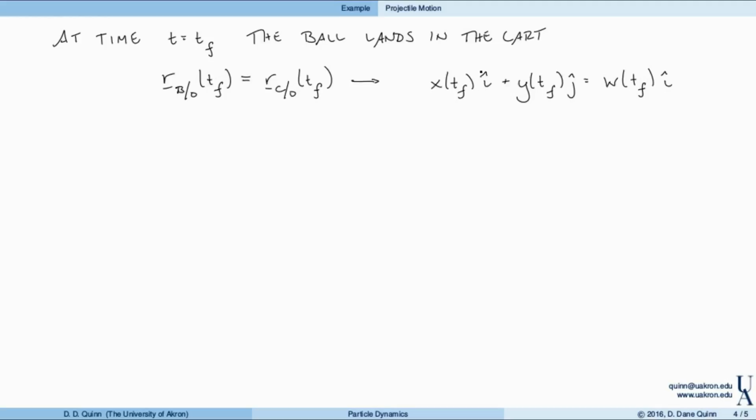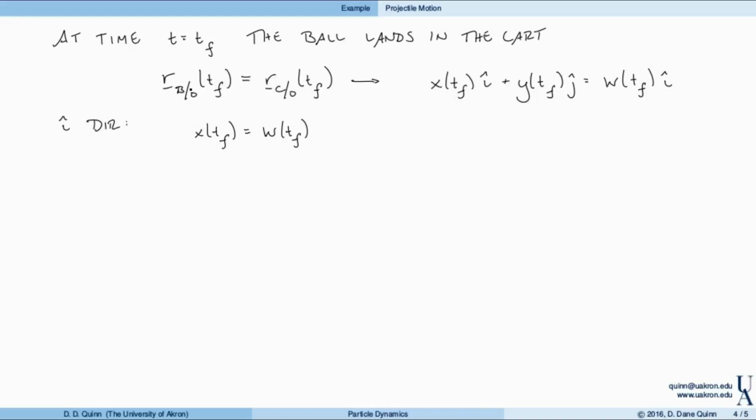Along with that, we'll also identify the final time at which the two are coincident. So in the i direction, we have x of t final is equal to w of t final.